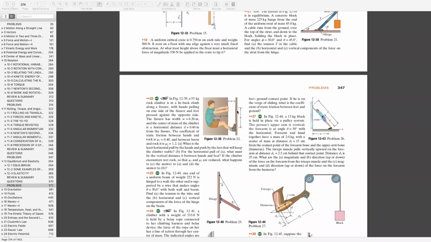I'm not sure I understand what it means by the pull by the hands and push by the feet. Oh, I see. So this is a feature, a slide. The guy is holding this, you know, when we try to clamp something, we hold, and then we kind of push. Yeah, I'm seeing it now. I understand.